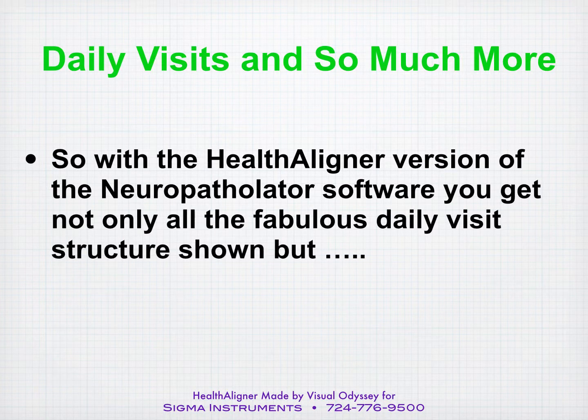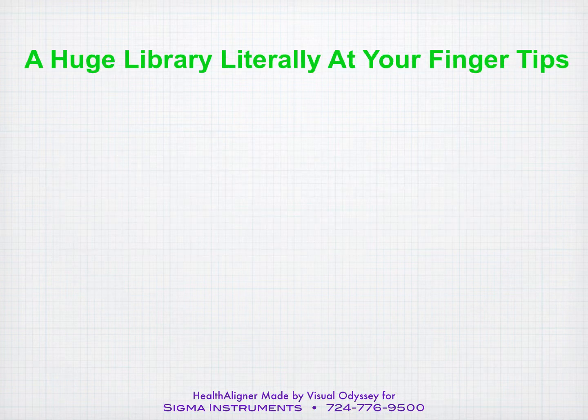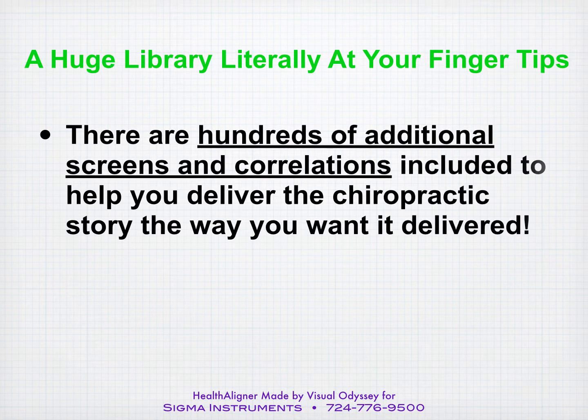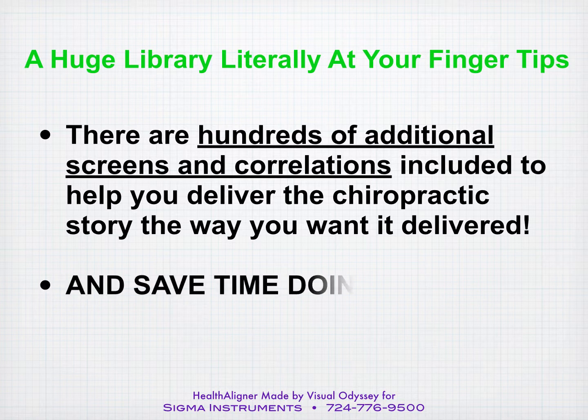With the HealthAligner version of the Neuropatholator software, you'll get not only all the fabulous daily visit structure that I showed you, but there are hundreds of additional screens and correlations included to help you deliver the story the way you want it delivered. And it will save you time doing it.